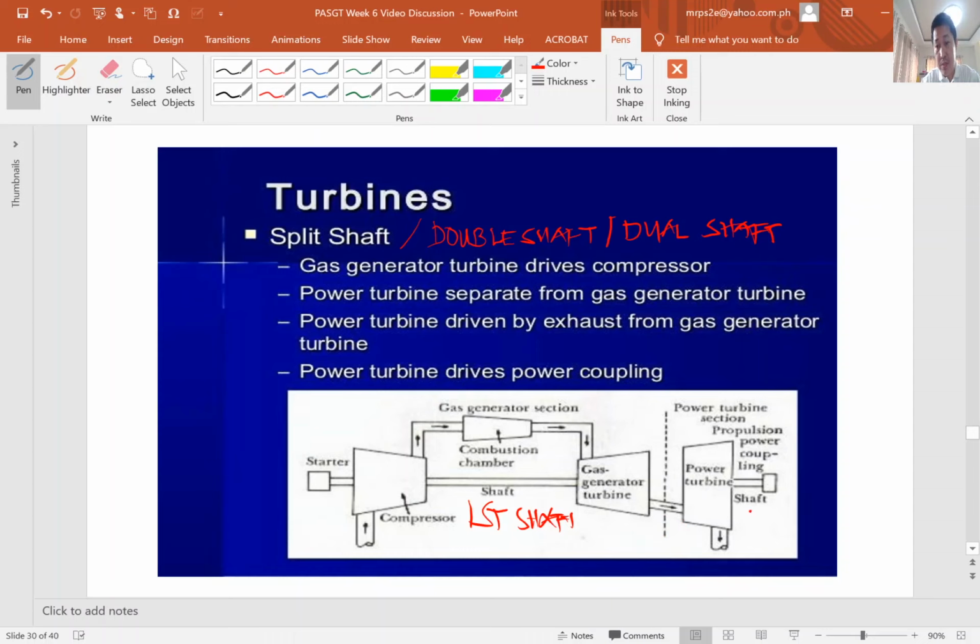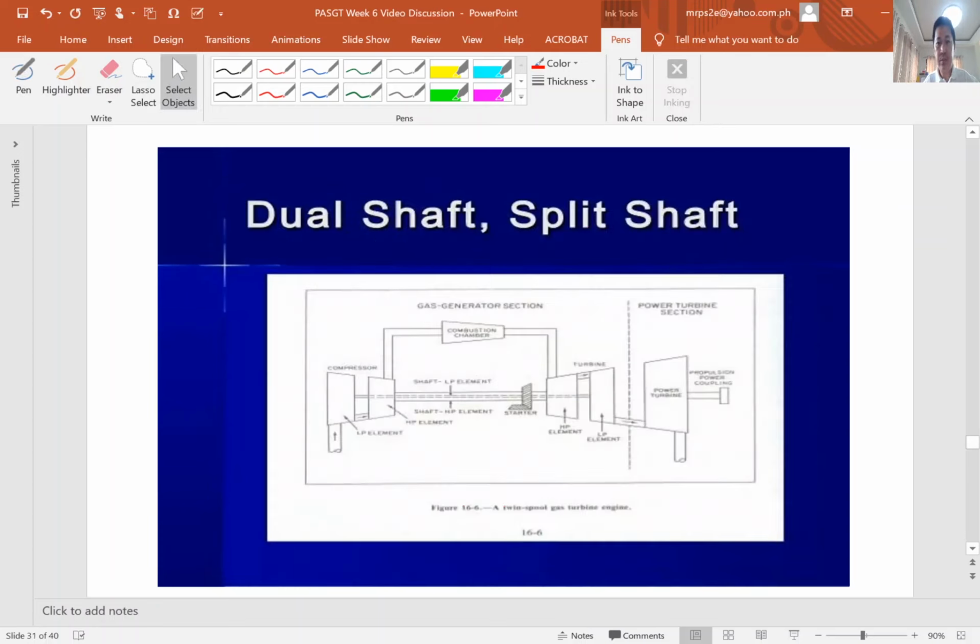The second shaft, you see. Second shaft. So split shaft. Dual shaft. So this one is the same: split shaft and dual shaft.